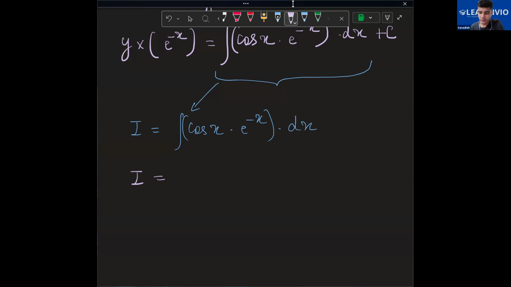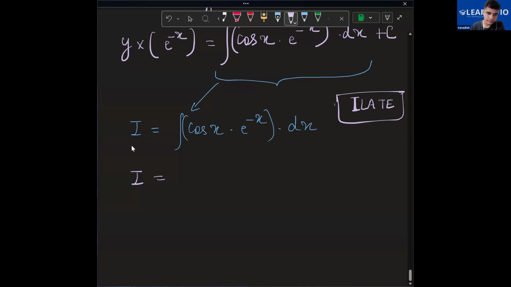You should know the priority of the function, as a first function or as a second function. For that, I told you you have to use ILATE. Remember? Using ILATE, your e power minus x is a second function, and your trigonometric function is the first function.